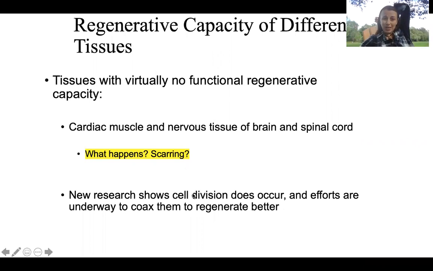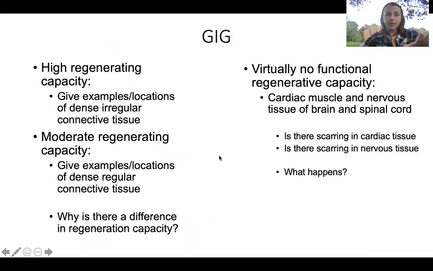But it's new, we're not quite sure, and we're not working with it quite yet, but people are trying to figure it out. It hasn't hit the hard copy books yet, but this is the latest research. So this concept now is regenerative capacities. Virtually no capacity. Here are my questions for you.